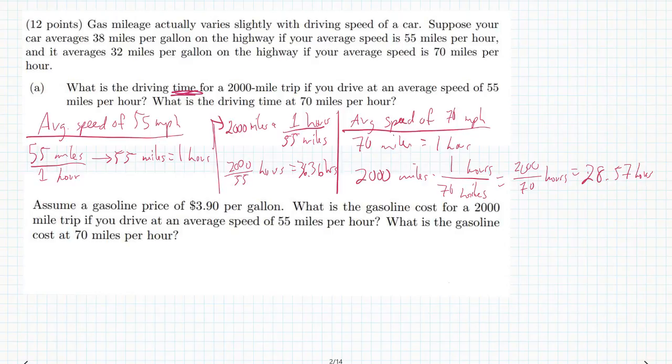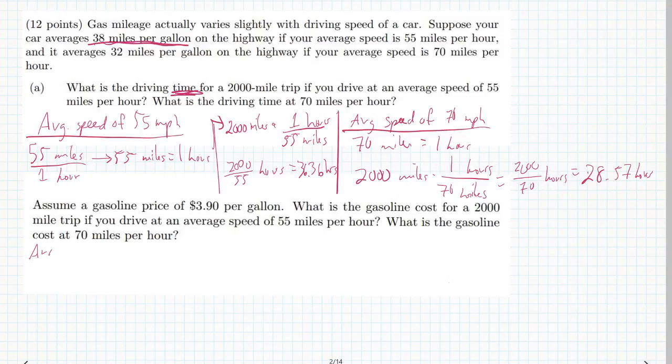All right, so let's see now in terms of the cost of the trip. What would those 8 hours cost us? Would it cost us more or would it cost us less? Well, this is where we're going to have to go back to the original problem. If we're driving 55 miles per hour, we get 38 miles per gallon.